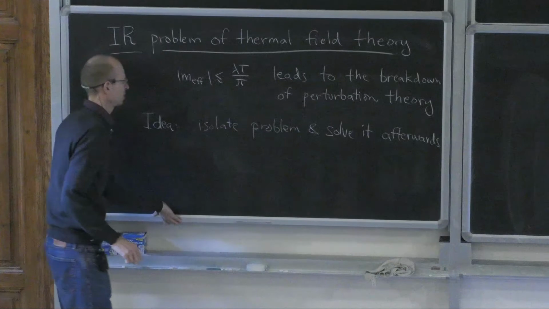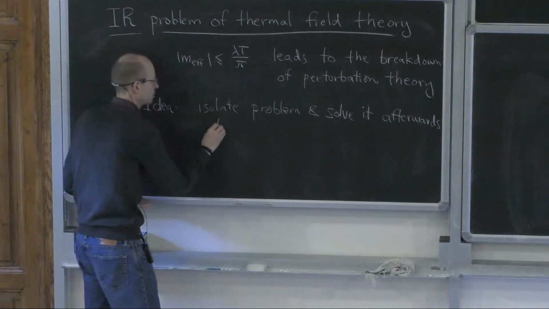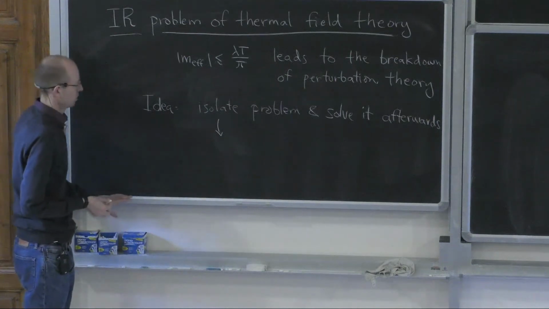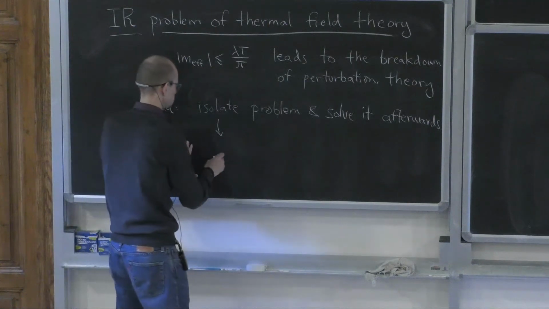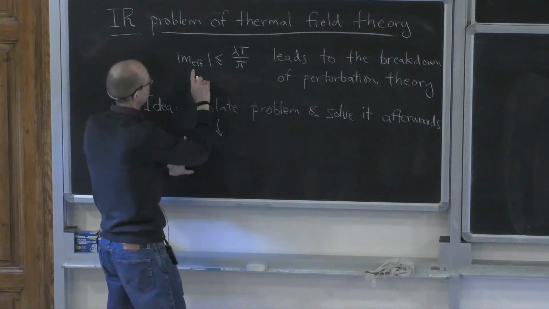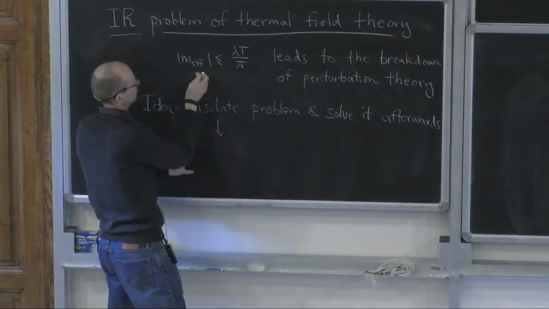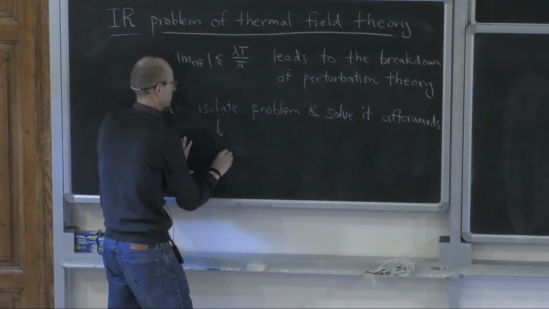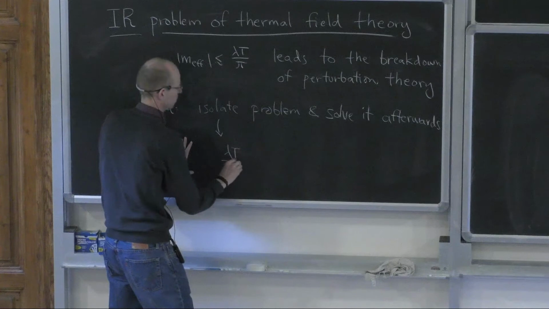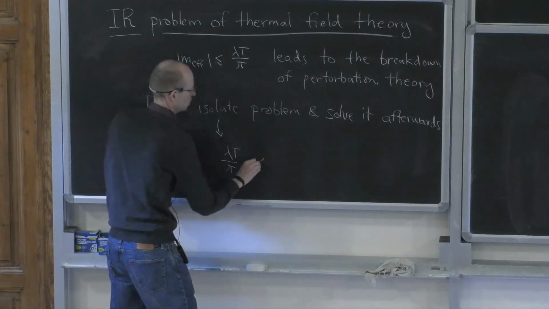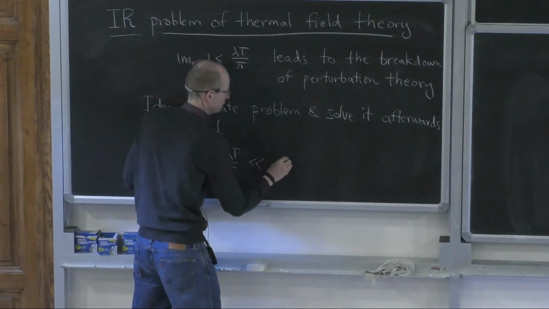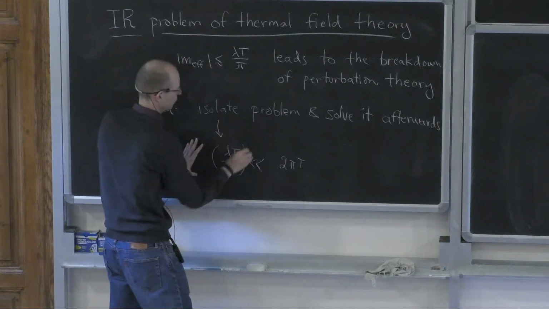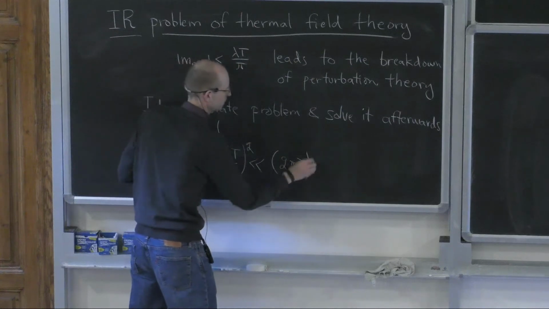So how do we isolate the problem? The observation is that if we have this small mass, then this small mass is really small if we compare it with, for instance, 2 pi T. It's even smaller if we take a square of that and compare it with (2 pi T) squared.